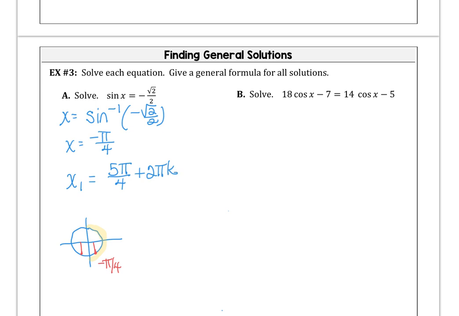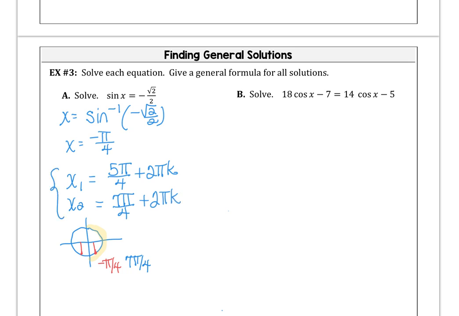And then the second one, I'm going to rename this, not thinking of the inverse, but I'm going to think of it as the positive rotation, being 7 pi over 4. So we could write it with positive angle measurements plus 2 pi k, where k is an integer.